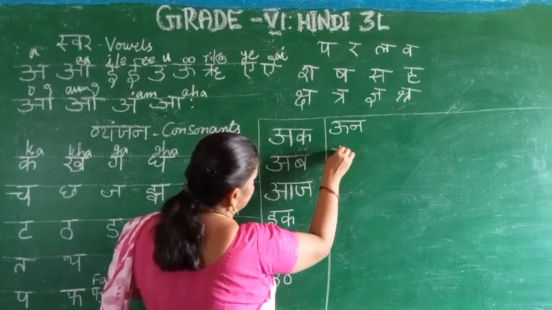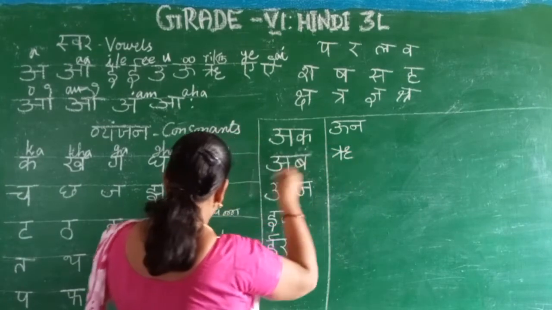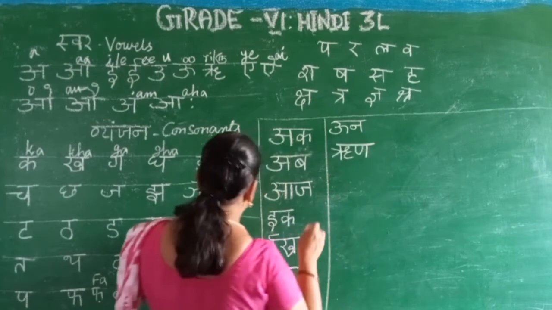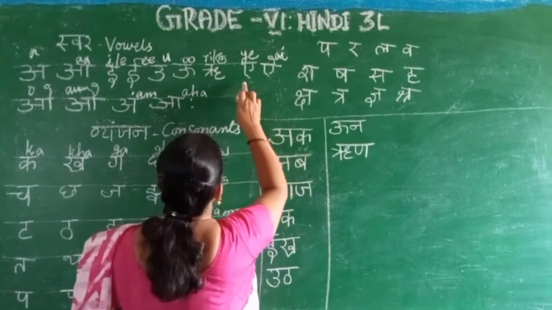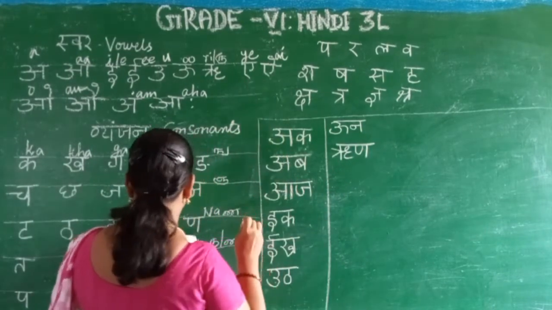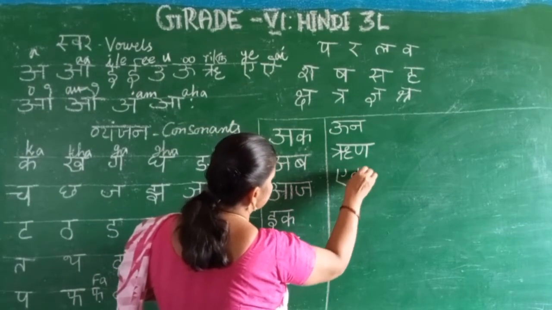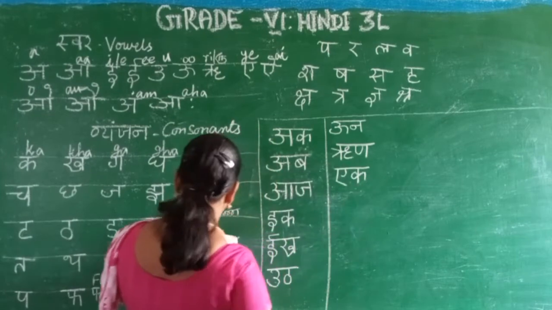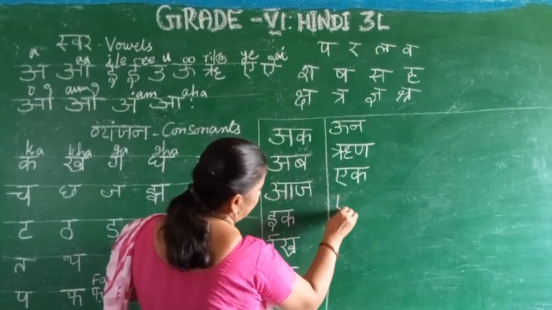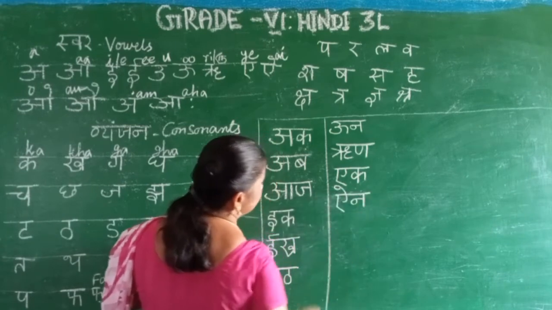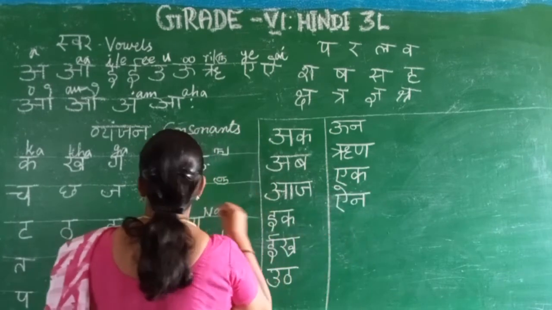Next one, the ri matra. Ri, na, rin. Next one, e. E, ka, ek. Ai, na, ain. And next one, o.